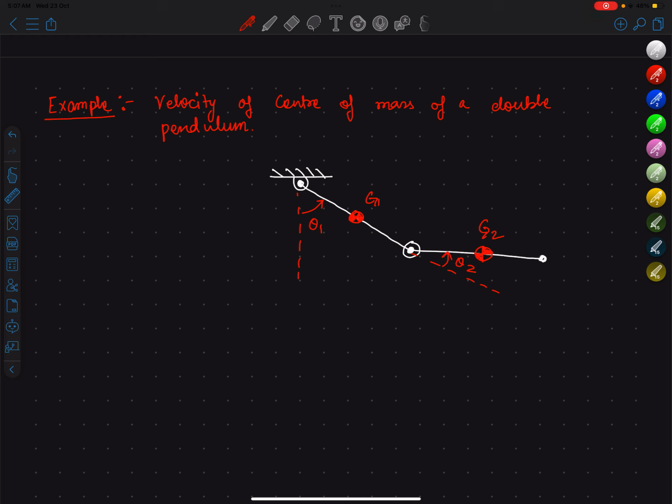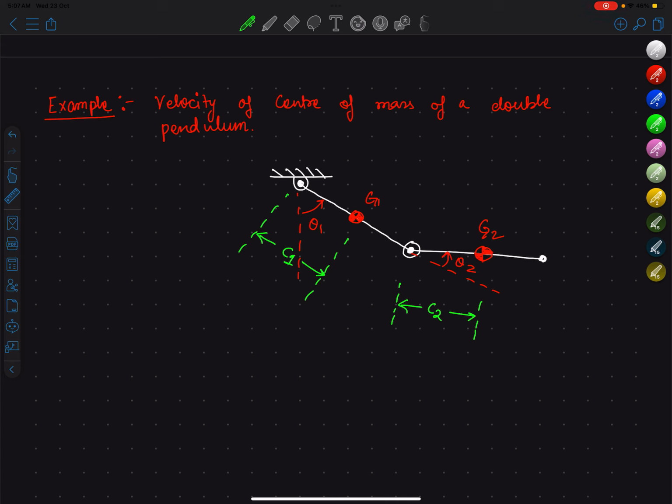Okay, now let the center of mass of the first link be a distance C1 from the revolute joint, and this be C2.